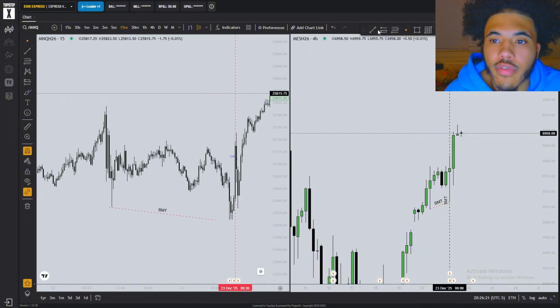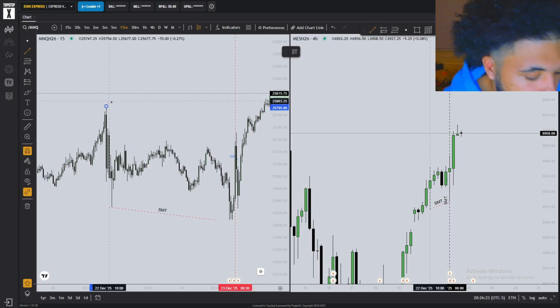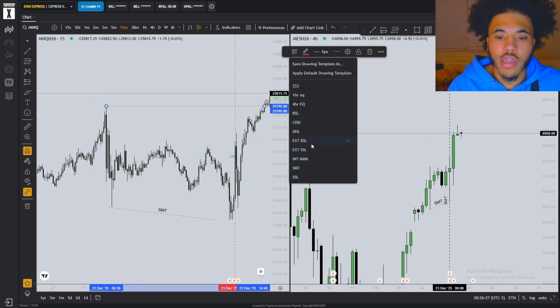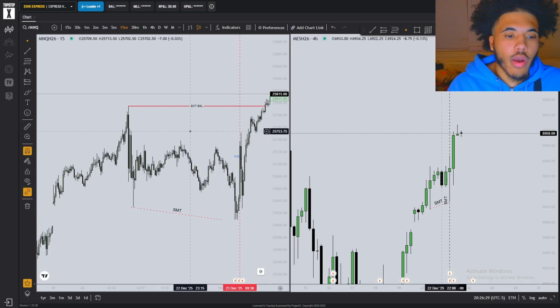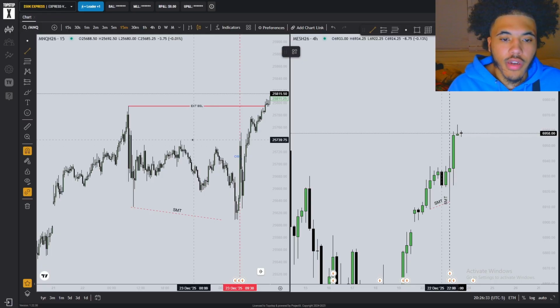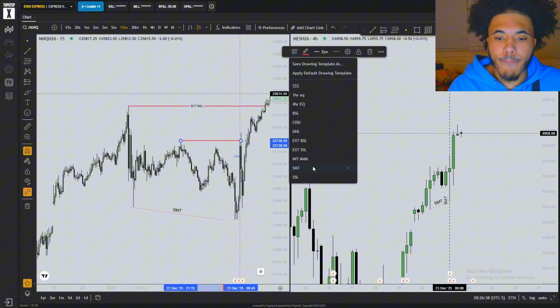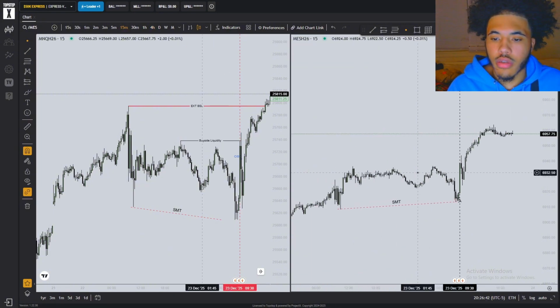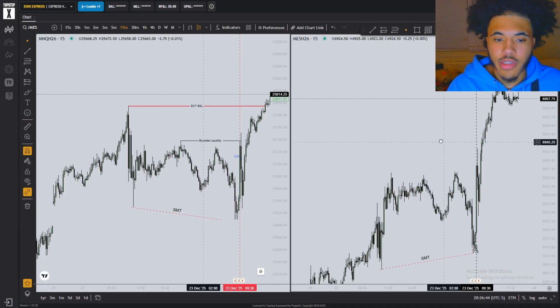Understanding, we have buy side above us right there. We have an external buy side, just how I would see it, because I would see this as our internal buy side right here and right there. And just look at ES, the same exact spots.